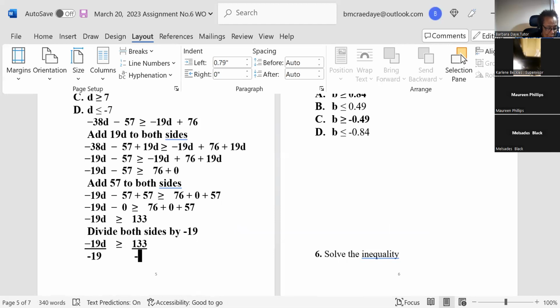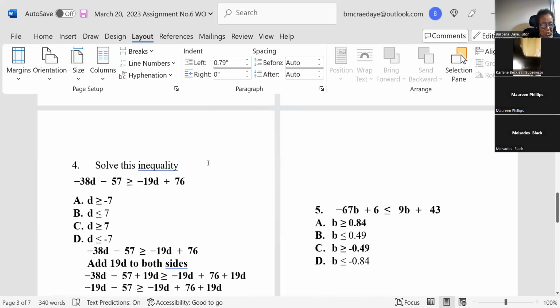So what do we have on the left side, Mercedes? On the left side we have just the 0. No. What's minus 19 divided by minus 19? Oh, that's 1. That's 1, right?